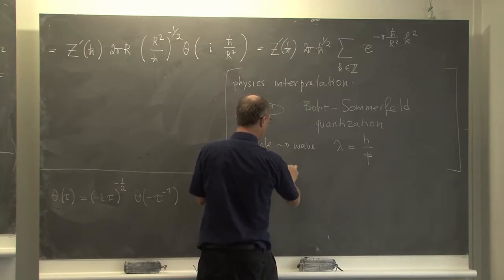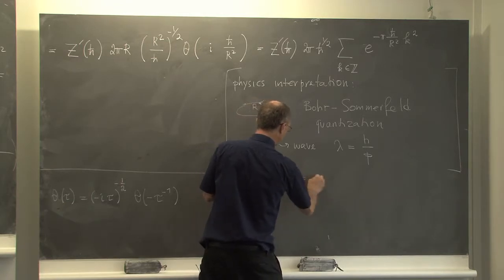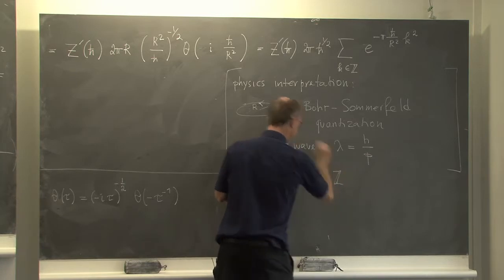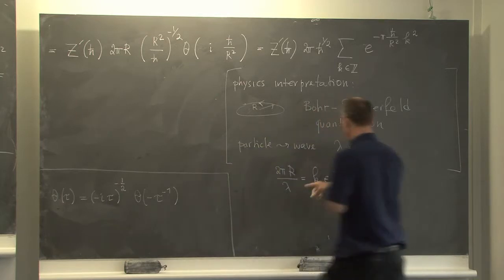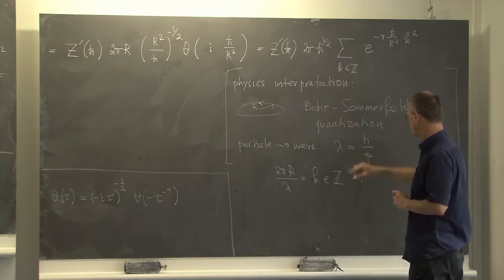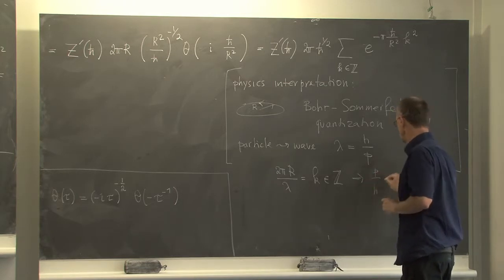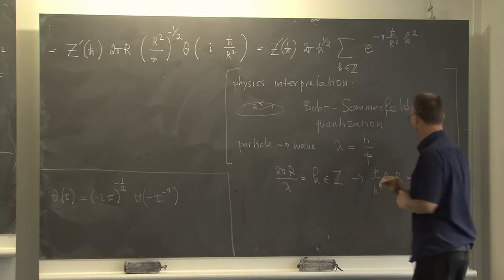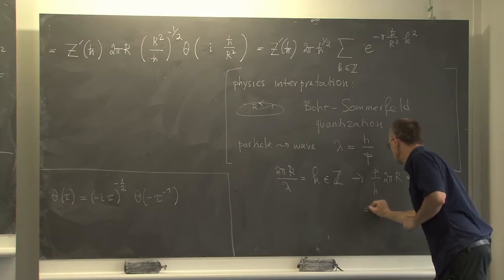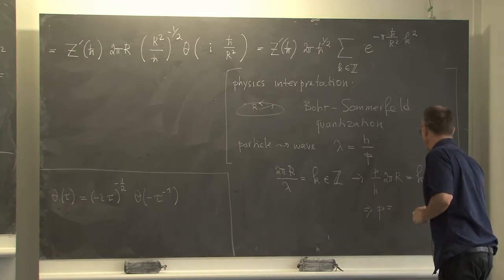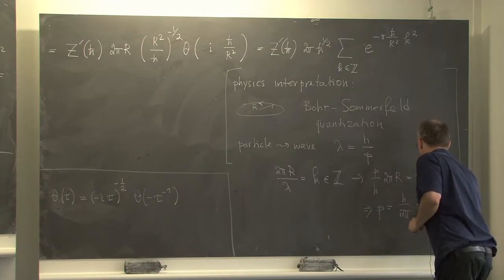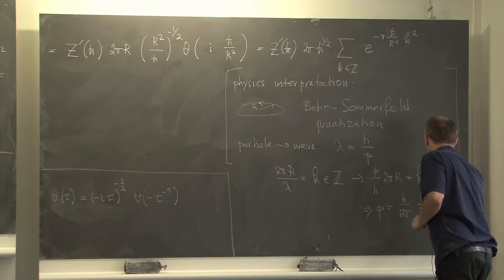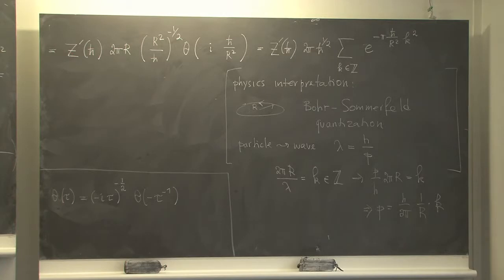So this means that 2 pi r divided by lambda should be an integer. So this implies the following. If I use Planck's identity, p times 2 pi r is equal to h k, and this means that p is h over 2 pi, 1 over r, times k.